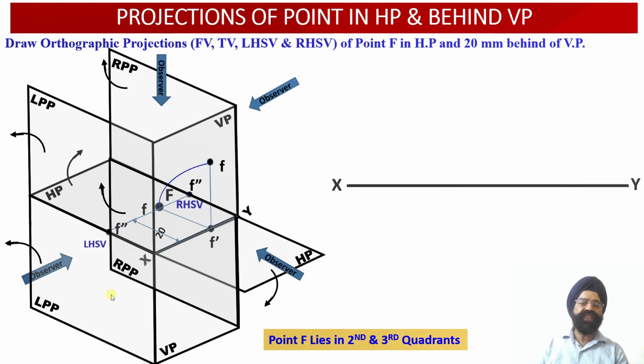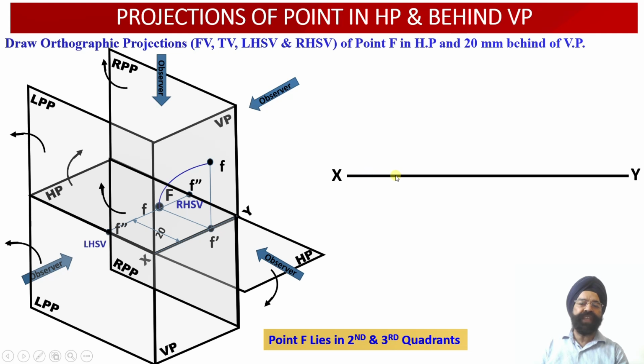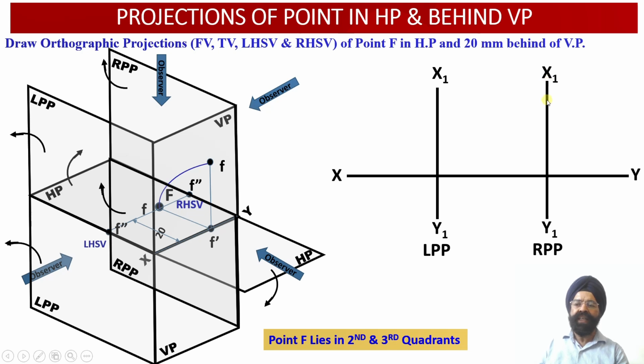So now let us obtain the orthographic projections of this point F onto a single plane. Here we have obtained the XY reference line, and corresponding to the left profile plane, which is available in the 3D spatial arrangement, we have obtained the X1 Y1 reference line. Similarly, corresponding to the right profile plane, which is available on the right hand side of the vertical plane, we have obtained another vertical reference line, that is the X1 Y1 reference line corresponding to the right profile plane.